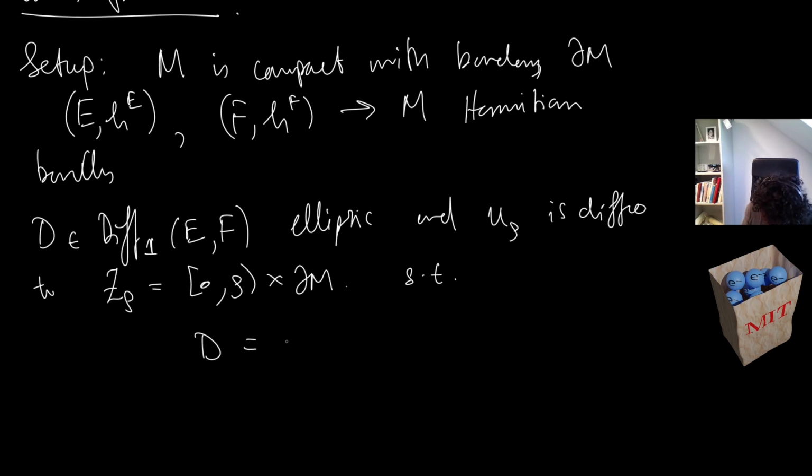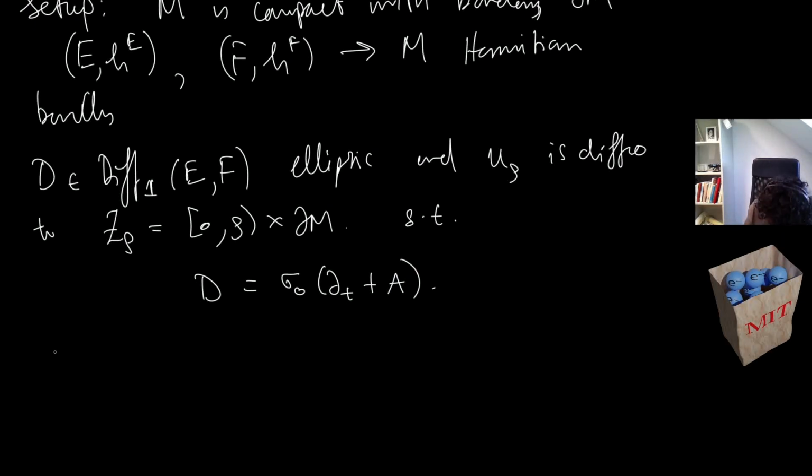We want it to take a product form near the boundary, plus A, inside U_rho, with A self adjoint.